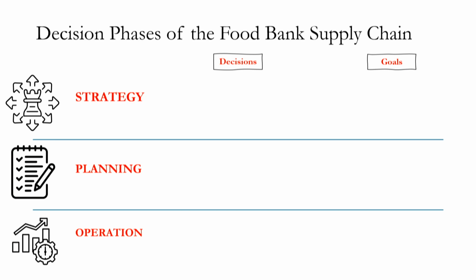Hello, everyone. Now we are going to take a deep dive into the decisions that are made by the food banks, and the goals and challenges they face when making those decisions. The decisions that food banks make can be broadly classified under three categories: strategic decisions, planning or tactical decisions, and operational decisions.